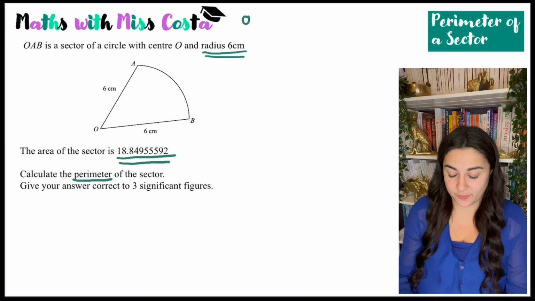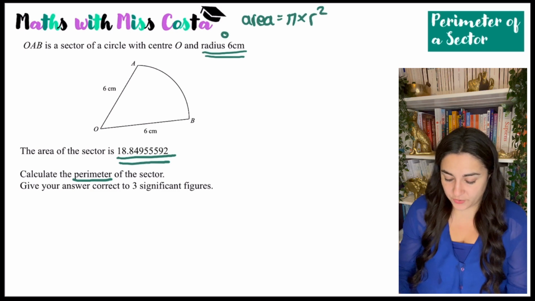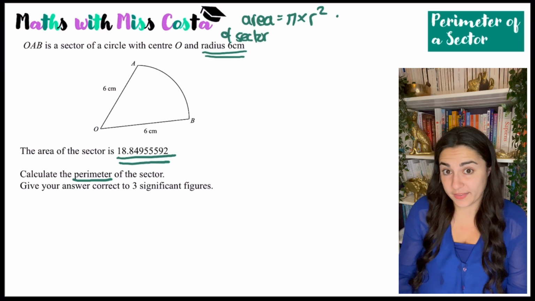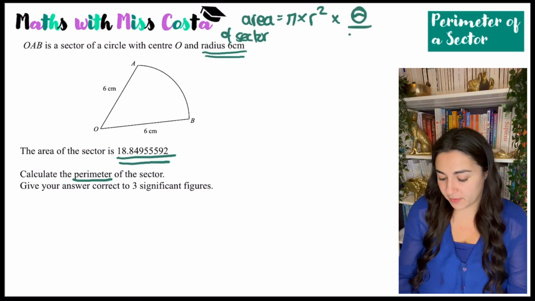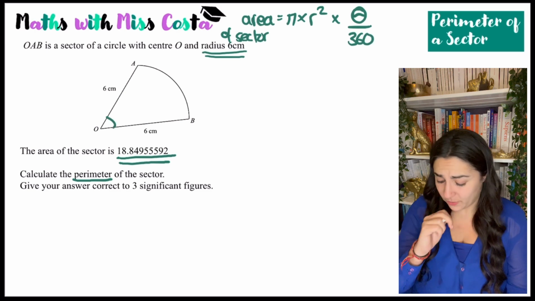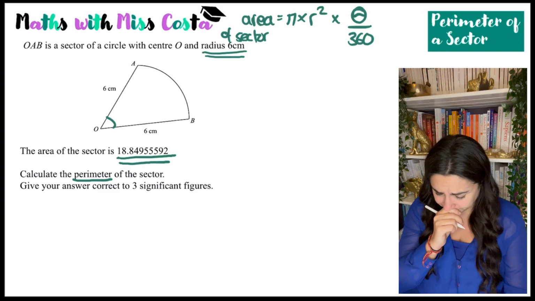So let's just write a couple of formulas out. I know the area of a circle is pi times radius squared. And to work out the area of the sector, I'm going to need to work out the area of the circle and multiply it by the fraction of the circle that it is. So whatever the angle is, once I work that out, over 360.